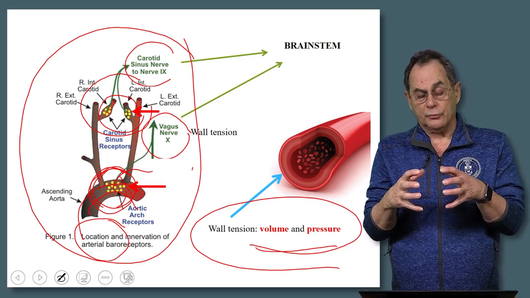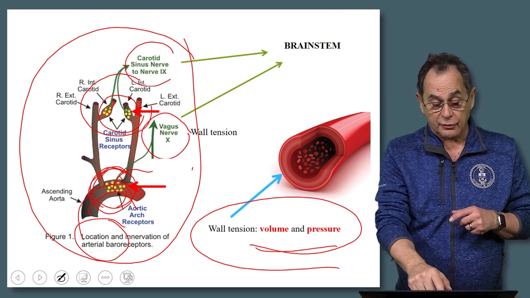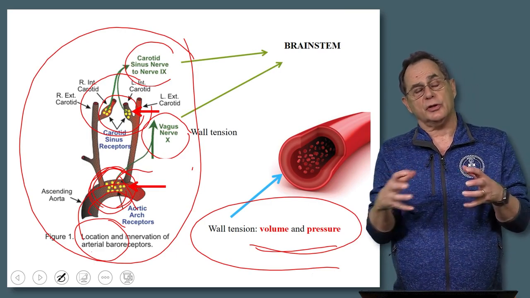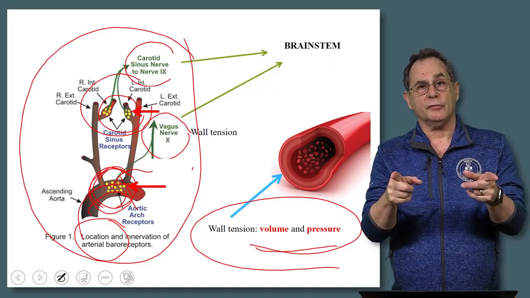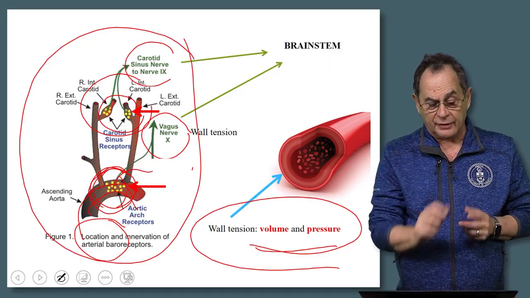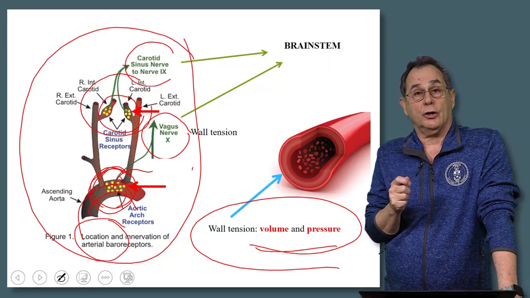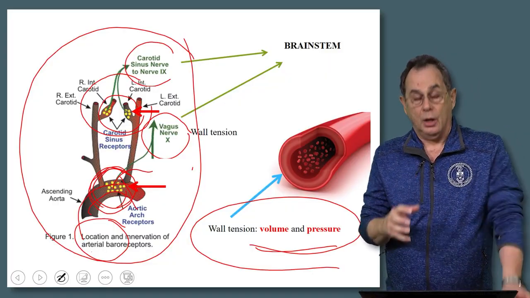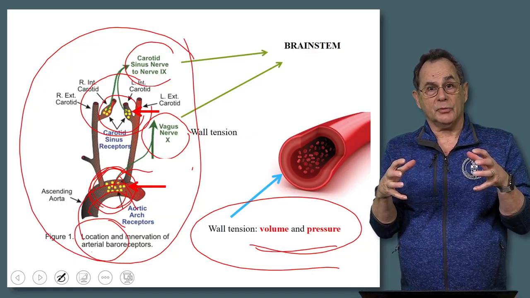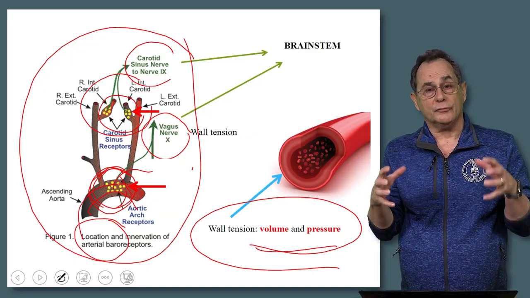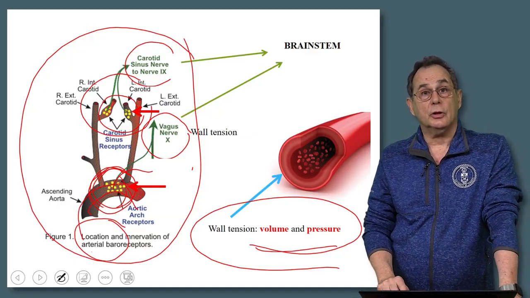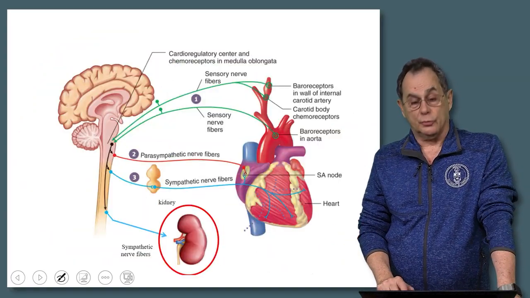The bigger the balloon, if you like, the bigger the volume and pressure sensed within these receptors, the more nerve traffic is delivered via the vagus nerve and the 9th cranial nerve to the brainstem.